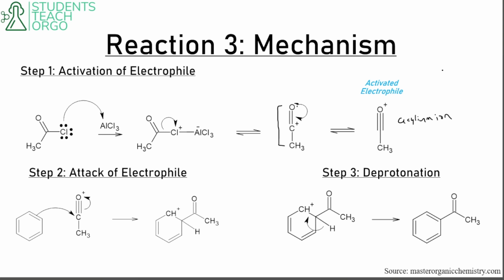You're supposed to know the name. The acylium ion is an amazing electrophile, and the benzene is going to attack the acylium ion, forming this acyl group. The chloride leaves and is gone. The final step is deprotonation, as usual. Hopefully you're seeing a pattern here.